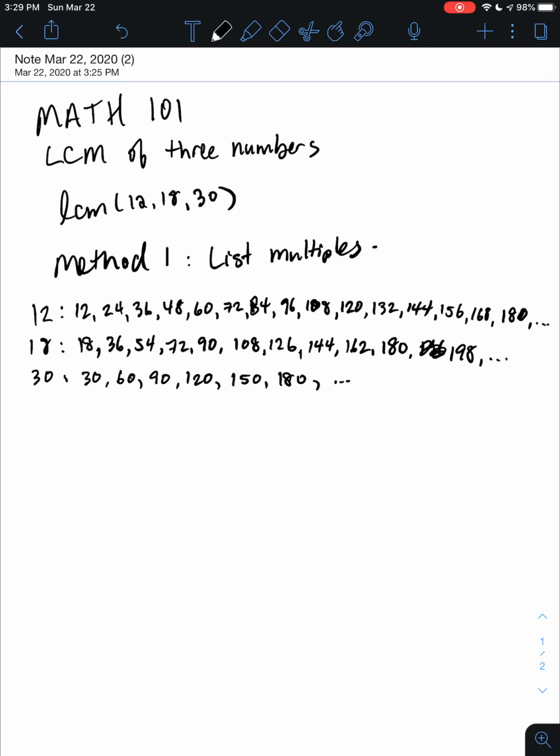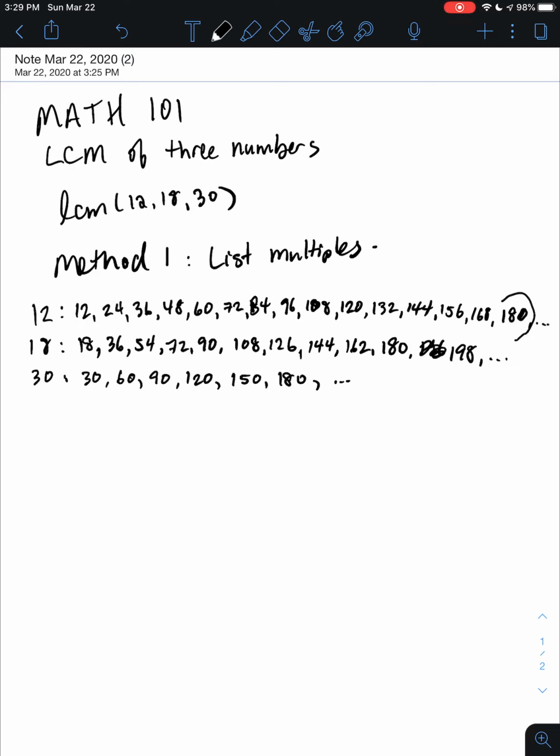Okay, so now I'm going to look for common multiples in each of these lists, common to all three lists. 12 is not in the second list, 24 is not, 36 is in two of them, but not in the third, 48, no, 60, no, 72, two, but not the third, 84, no, 96, no, 108 is in two, but not the third, 120, no, 132, no, 144, two, but not three, 156, no, 168, no, 180, jackpot.